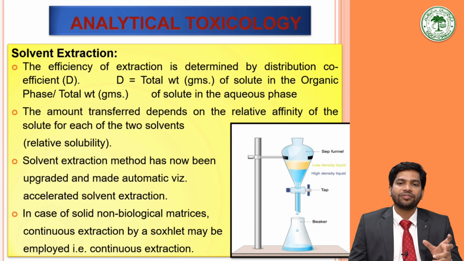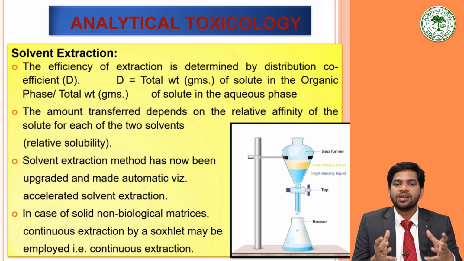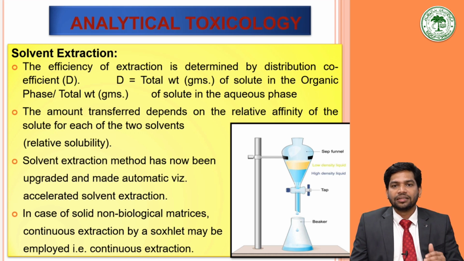If one of the two liquids contains a solute and the system is shaken and then allowed to settle, some of the solute will be transferred to the other liquid. The amount that gets transferred will depend on the relative affinity of the solute for each of the two solvents, that is the relative solubility.